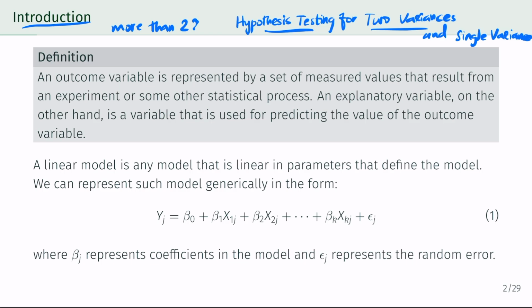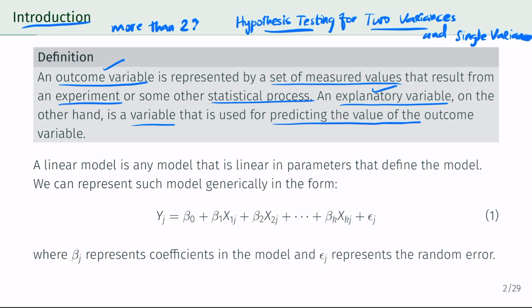An outcome variable is generally represented by a set of measured values that result from an experiment or some other statistical process. There are two types of variables that we're going to talk about: an outcome variable and an explanatory variable. An explanatory variable, as the name says, is a variable used for predicting the value of the outcome variable.